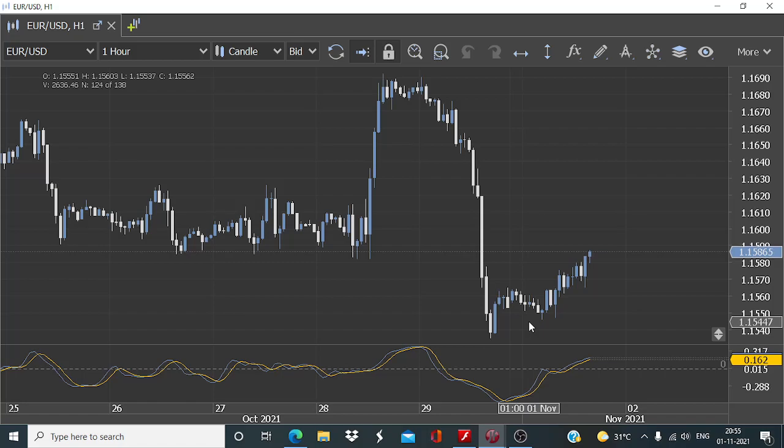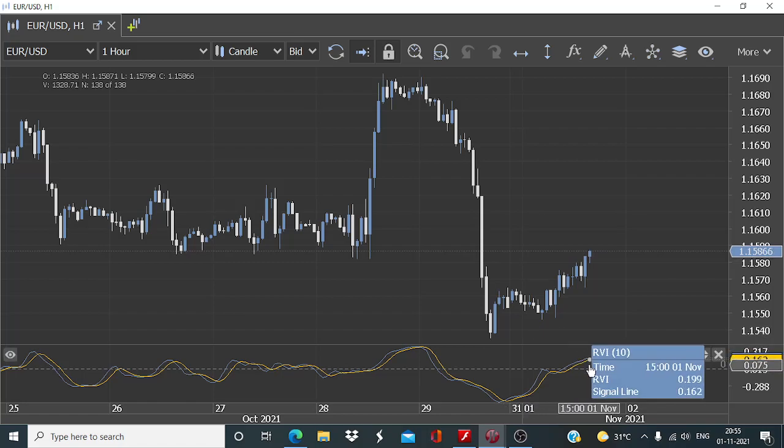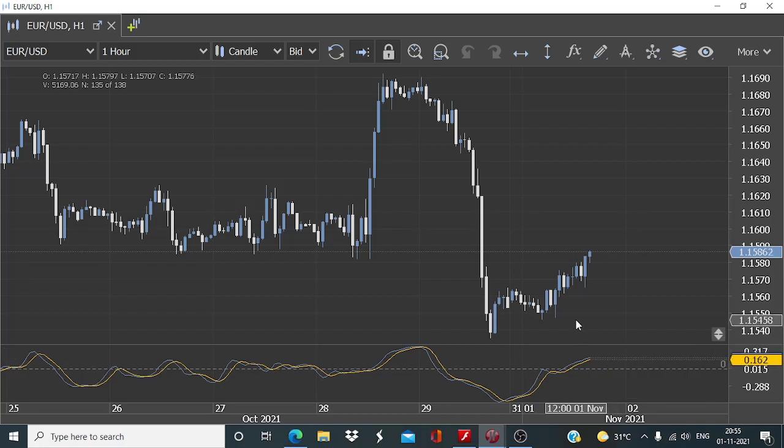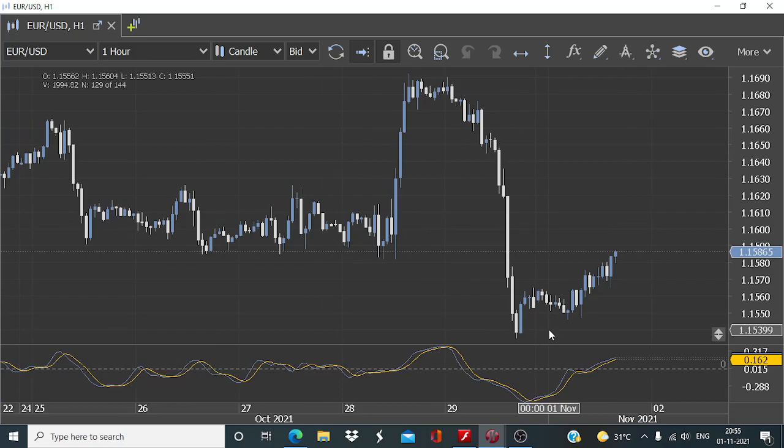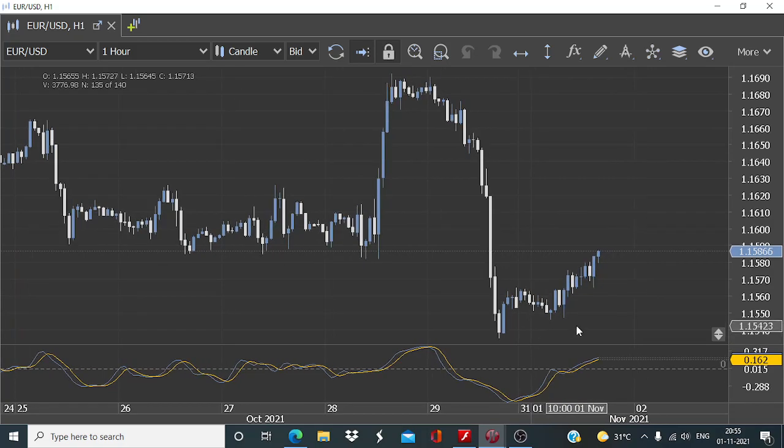The RVI has dropped below zero, along with the other condition that it has also dropped below the signal line. So both these developments have happened recently. That means the bearishness is now creeping in, and this might be the time to look for the initiation of the sell trade. So that's the condition, quite simple.